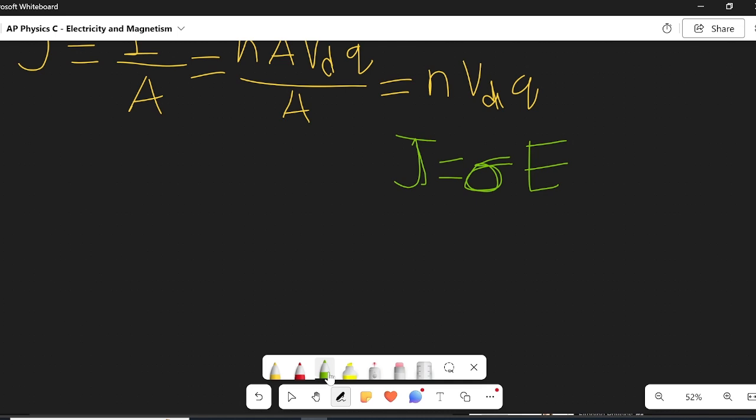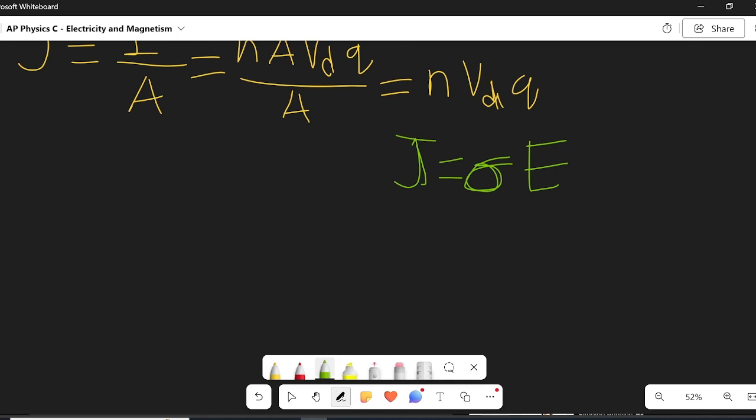Conductors that follow Ohm's law are called ohmic, and conductors that don't follow Ohm's law are called non-ohmic. On the actual AP test, all of the resistors and circuits will follow Ohm's law, or in essence be ohmic. So there's no need to worry about this for now.